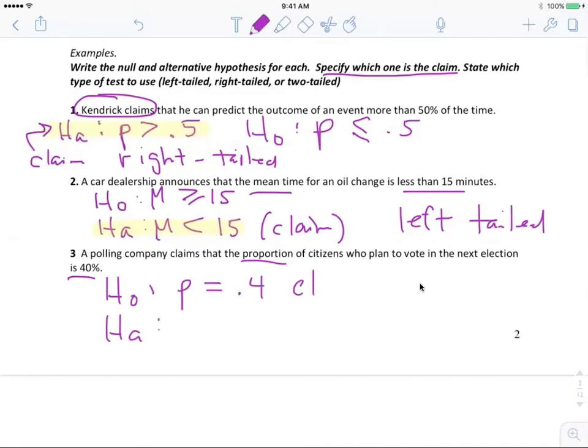That is the claim. And then H sub A, P does not equal 0.4. Opposite. Not equal on the HA, so I'm looking here to decide the type of test. Not equal, two-tail. So this would be a two-tailed test. Okay. Good so far.